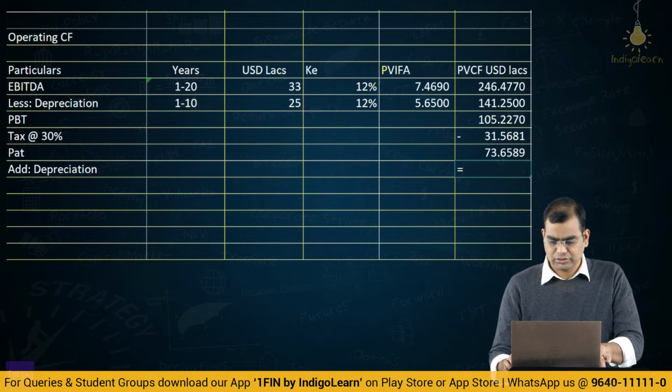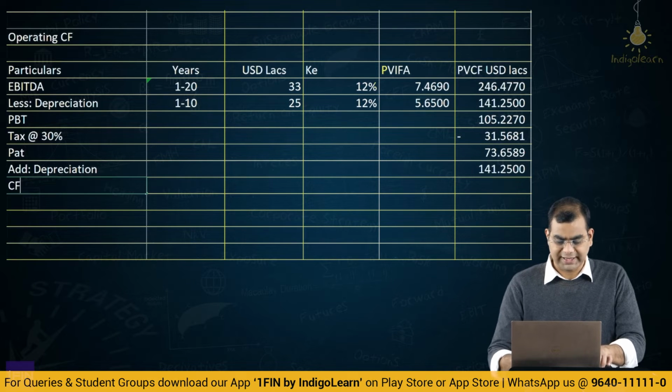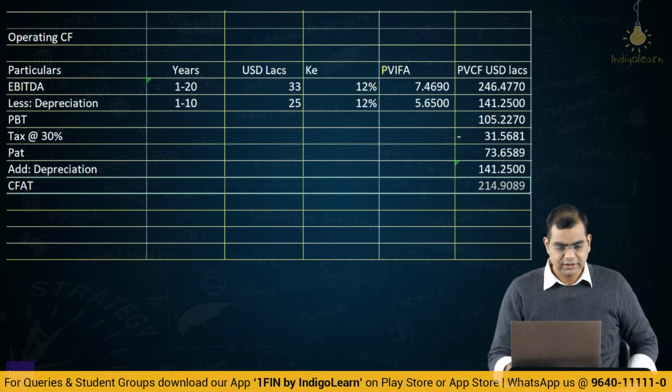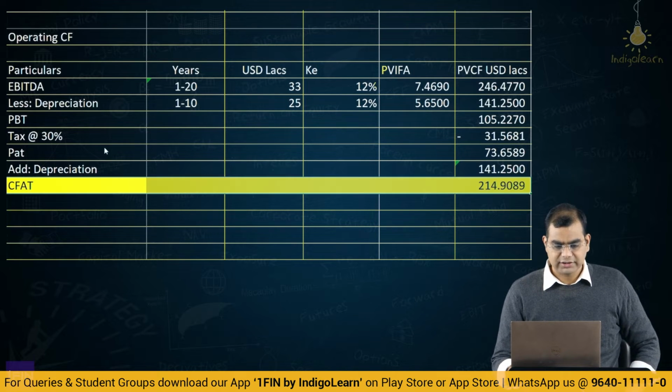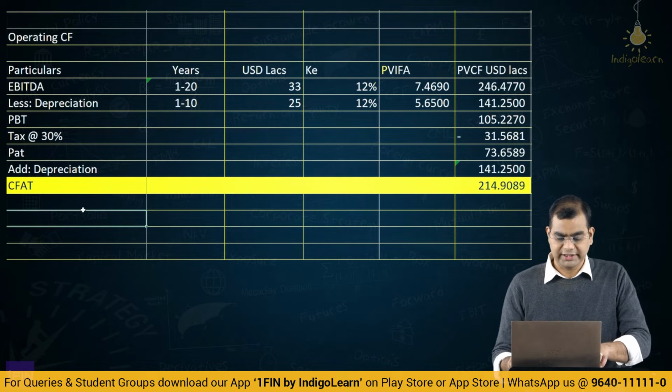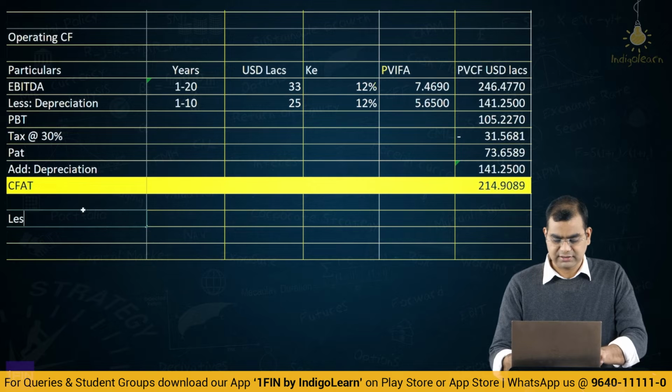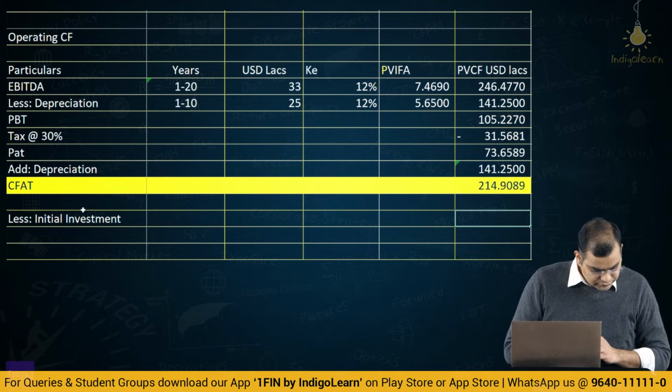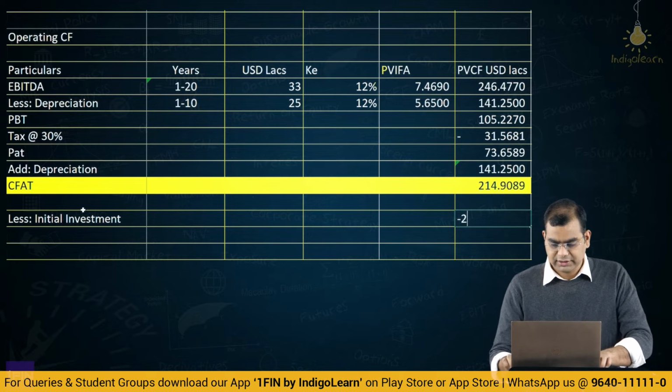Then you add back depreciation. How much was depreciation? 141.25. So, cash flow after tax is the summation of PAT and depreciation, which is 214.9089. Let me highlight that. So, CFAT is this much. Then the initial investment is 250 lakhs, so minus 250.